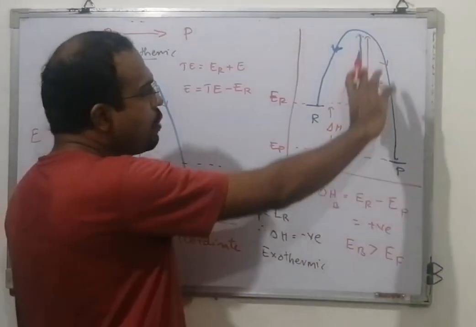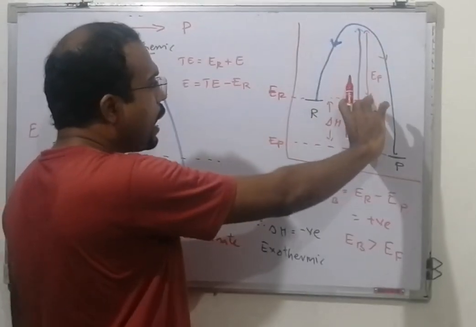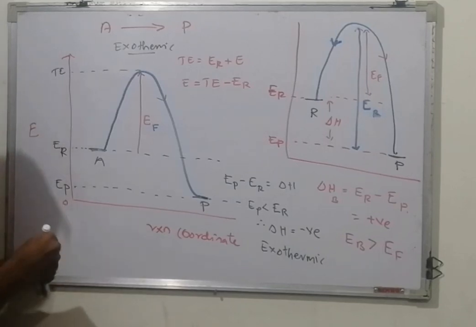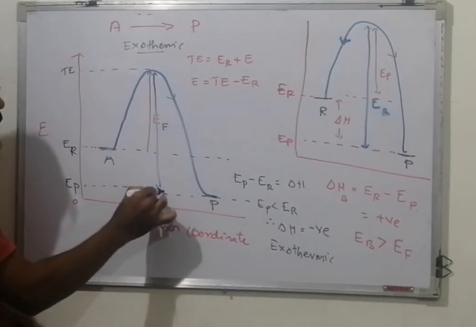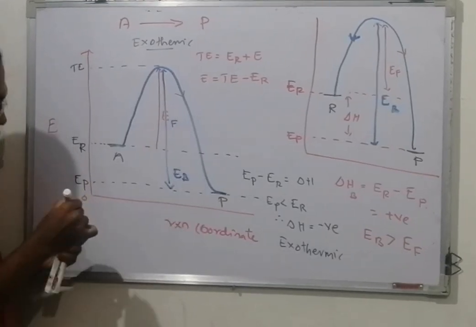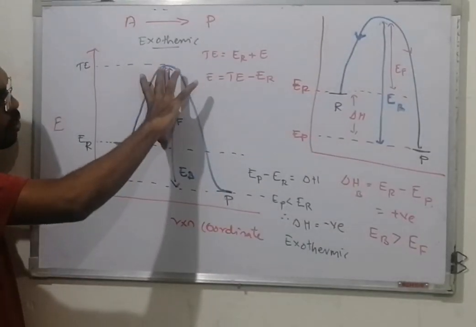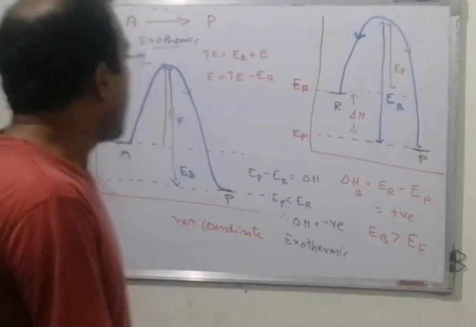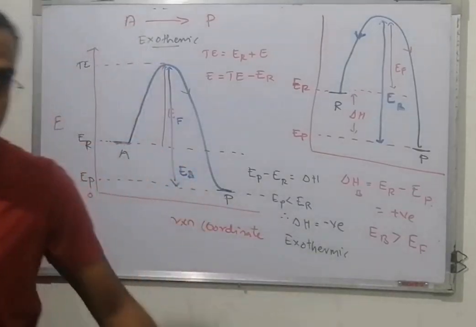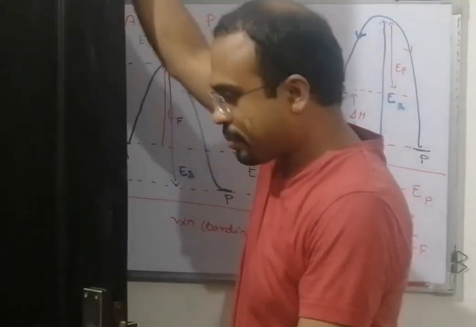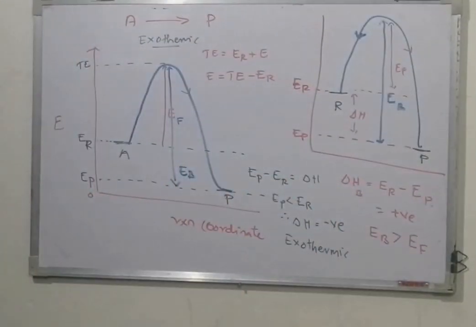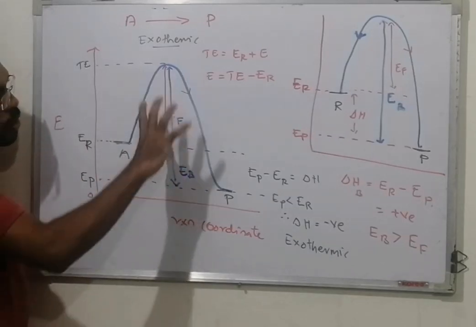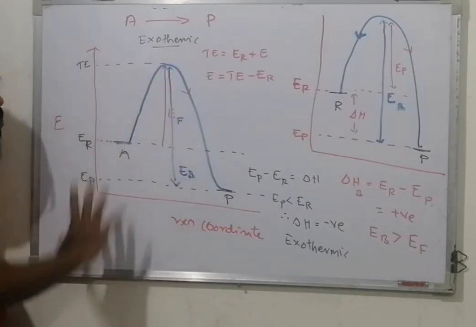Do you remember activation energy of forward plus enthalpy of reaction? Now here also you can draw activation energy of backward. What is activation energy of backward? This is activation energy of backward. Activation energy of backward is equal to activation energy of forward plus enthalpy of reaction.